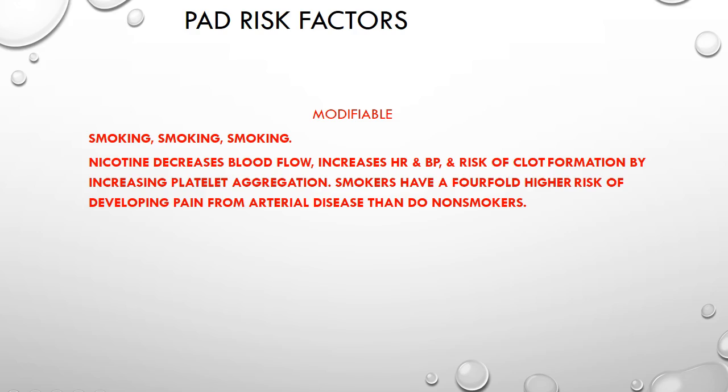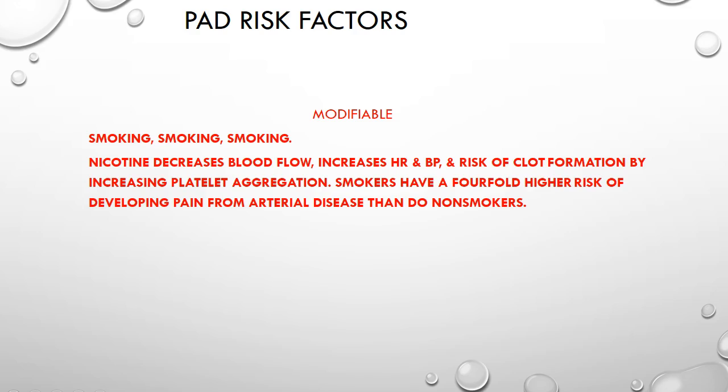Peripheral arterial disease risk factors: the biggest modifiable risk factor is smoking. I cannot scream it loud enough. Nicotine decreases our blood flow, increases the heart rate, increases the blood pressure, albeit temporarily, and increases our risk of clot formation by increasing the aggregation of platelets, making our blood more viscous.